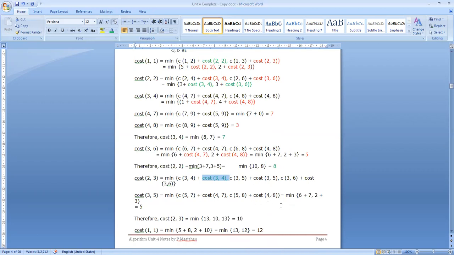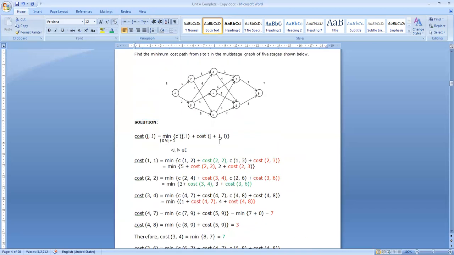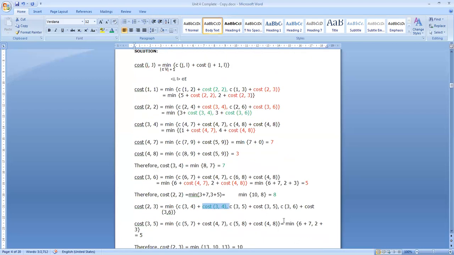That is equal to minimum of C57, which is 6, plus cost of 4 comma 7, which I have already found to be 7. Cost of 4 comma 7 is already available. I put that here, so 6 plus 7.